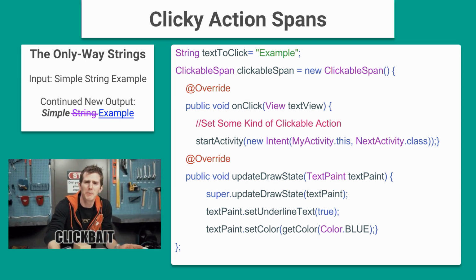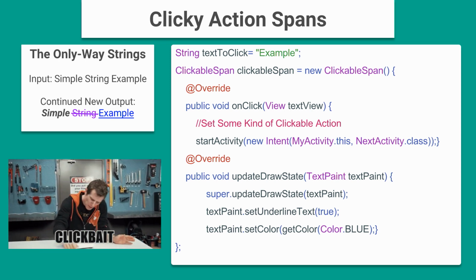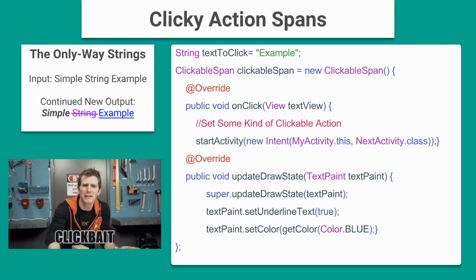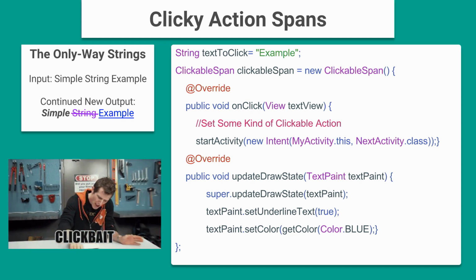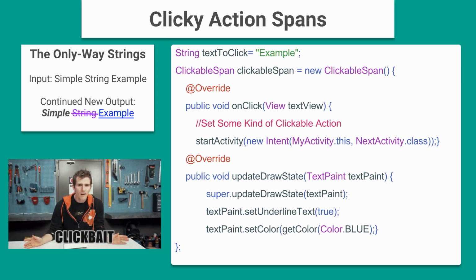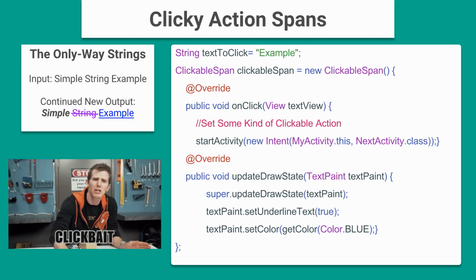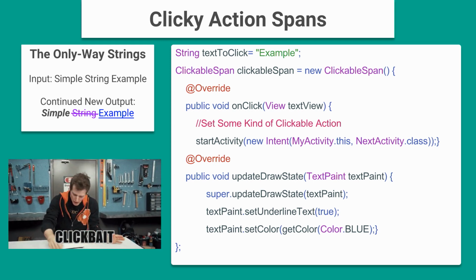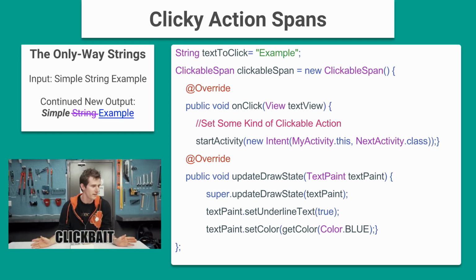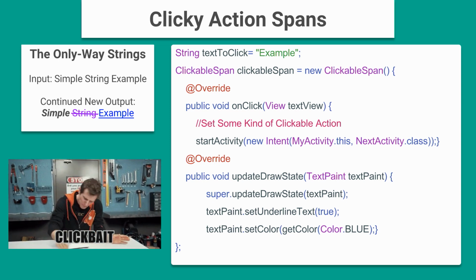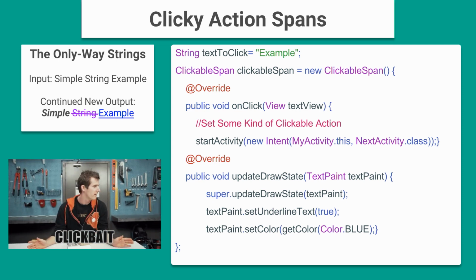So you could do this as two separate spans, but there is a quicker way to do this as part of your clickable span. So just like any other click object, you have your onClick. You can give it some kind of clickable action. So in this case, I'm just going to start another activity based off of you clicking that, again pointing to the object reference that we had with Twitter.